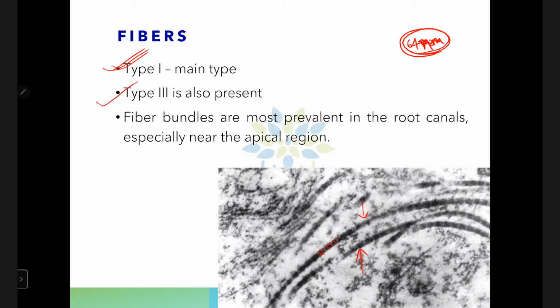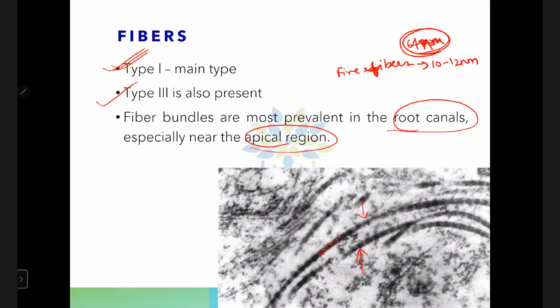The fiber bundles are more prevalent in the root canals, especially near the apical region. There are different fiber bundles, out of which a greater number are present in the root canal region, especially in the apical region. We have lots of fibers. There are also some fine fibers whose diameter ranges from 10 to 12 nanometer.